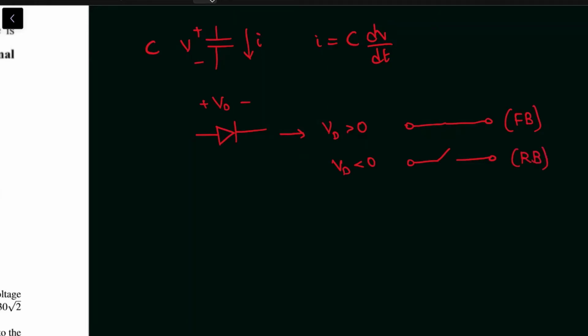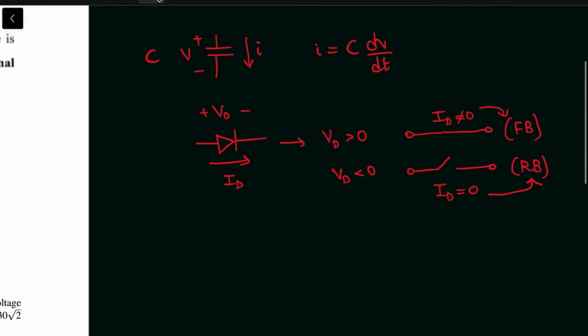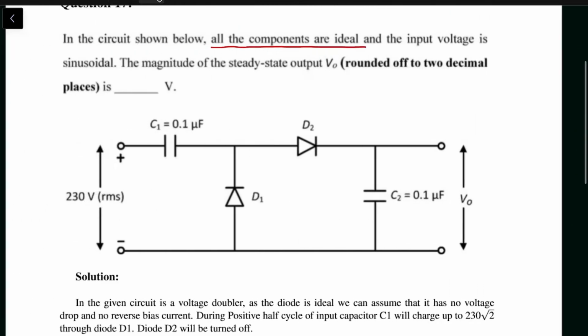You could also consider it as the diode current flowing that way. So the idea is that ID equal to 0 during reverse bias and ID not equal to 0 only during forward bias. So this is what it means to say that the components are ideal.